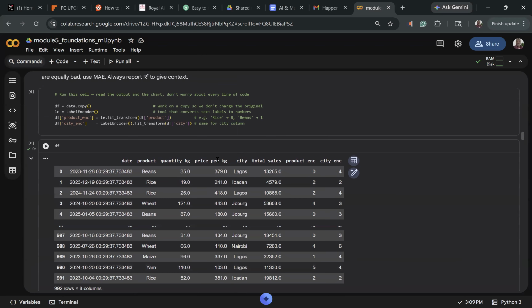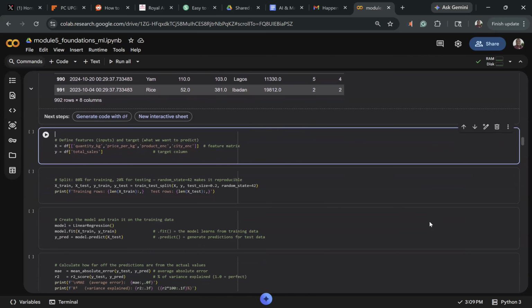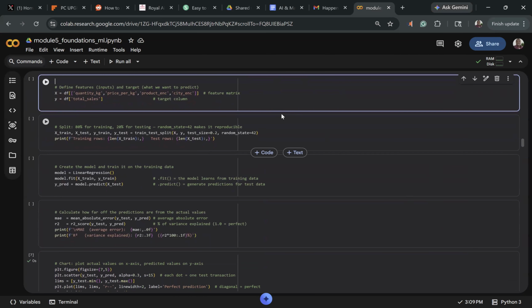And if you notice, the product also has been encoded. Anytime you see beans, it should be 0. Look at it. Anything 0 should be beans. So that's typically what an encoder does. It's important to encode because we want to run a machine learning algorithm. Just remember that.